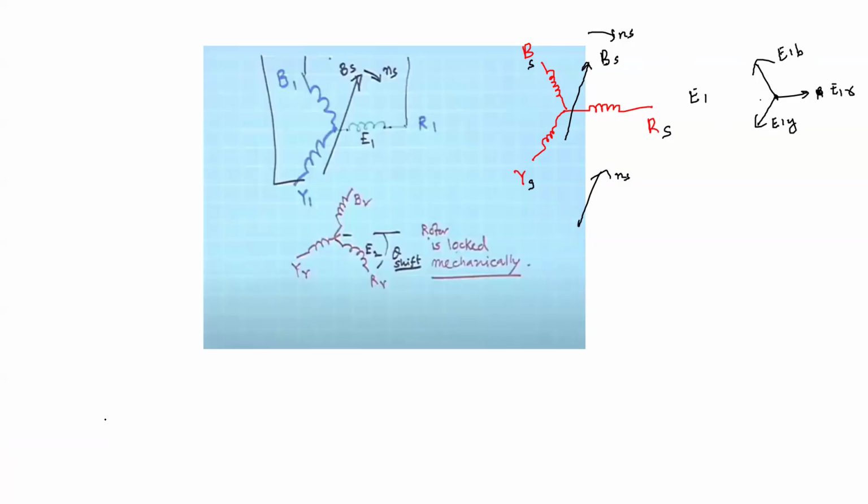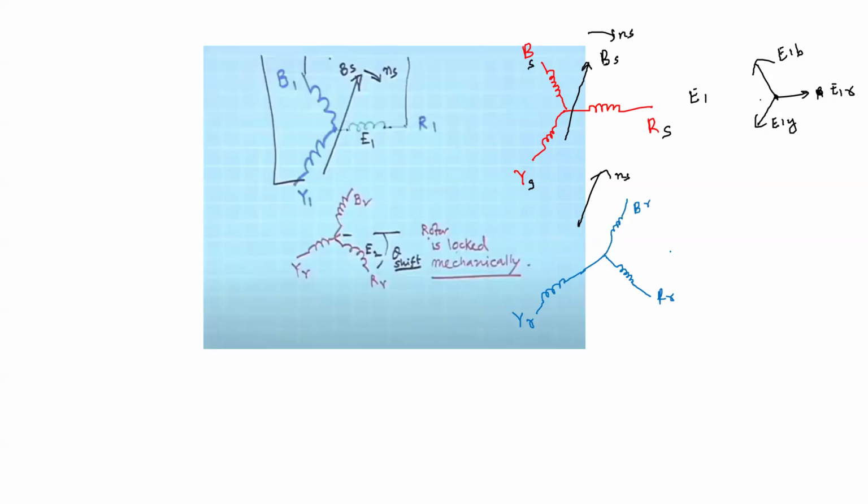Now let us say that your rotor is like this. Rotor R phase is here. Rotor Y phase is here. And rotor B phase is here.